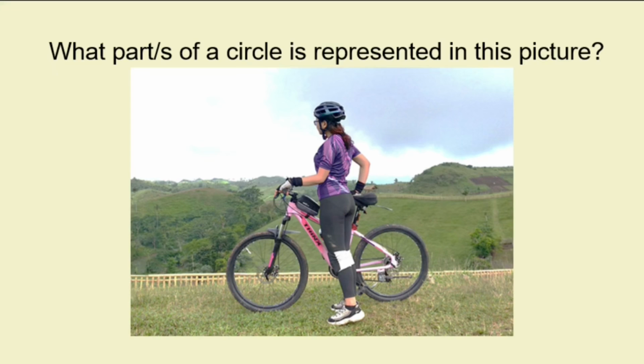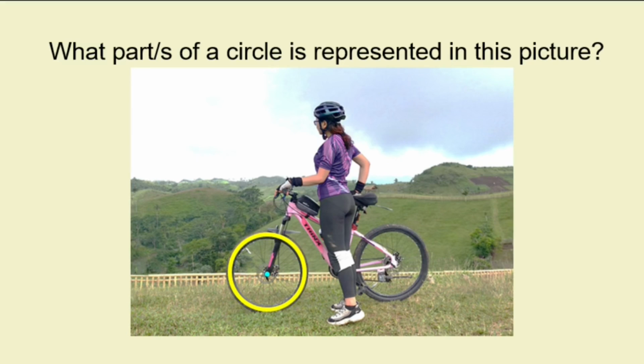Now, let's think about this. Observe the picture that's flashed on your screen. What part or parts of a circle is represented in this picture? The wheels of the bicycle are examples of a circle. And of course, if there is a circle, then there must be a fixed point, called the center.